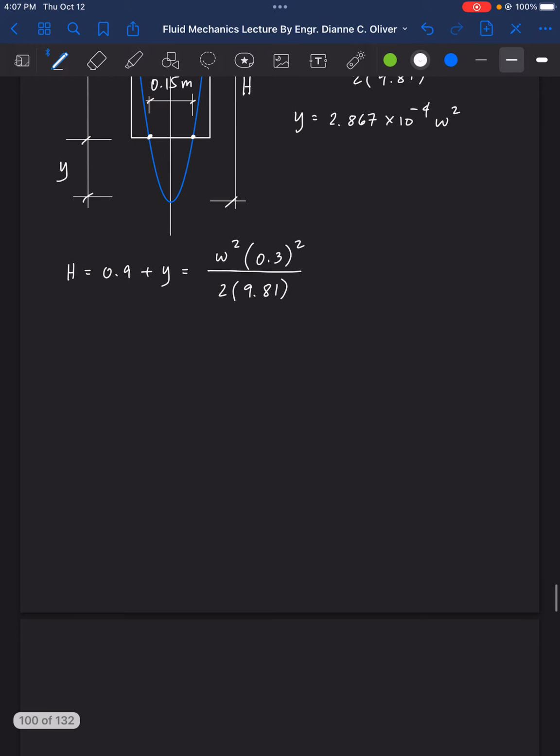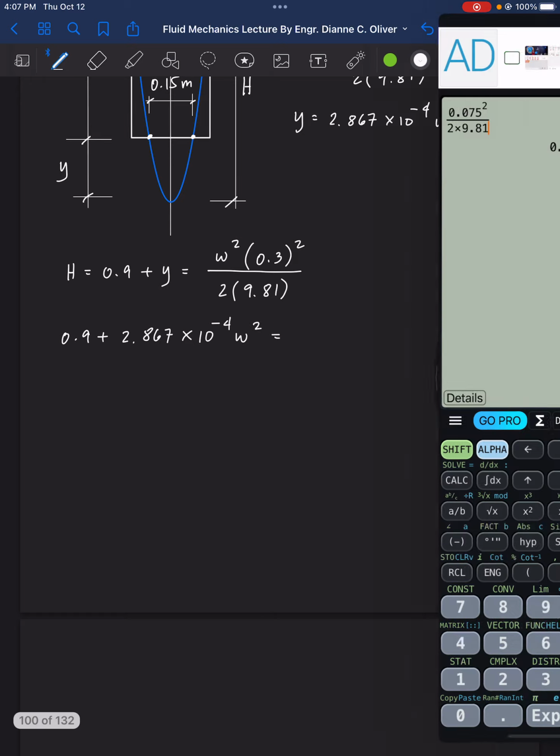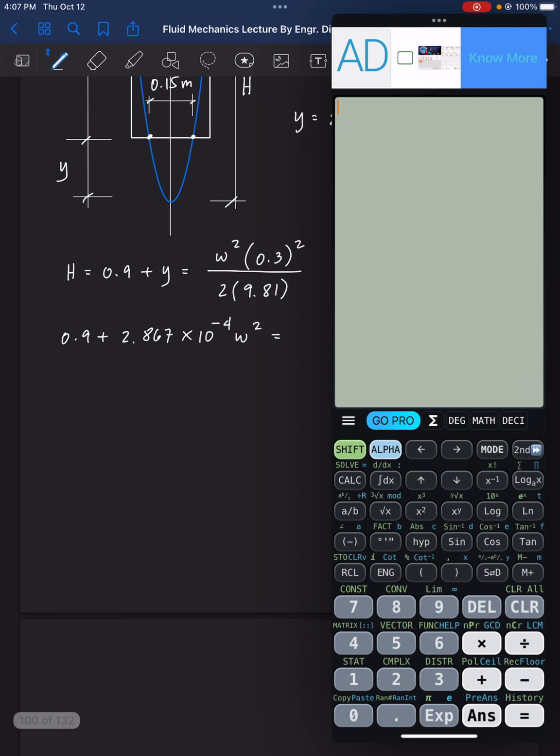So we have here 0.9 plus 2.867 times 10 raised to negative 4 omega squared is equal to 0.3 squared over 2 times 9.81. So that is 4.587 times 10 raised to negative 3.